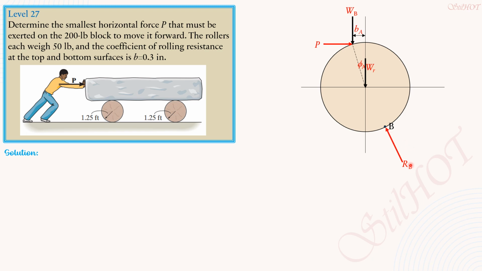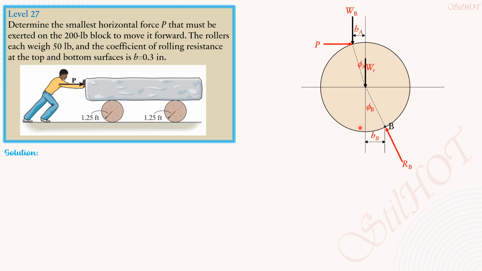R_B. The horizontal distance of that point from this vertical line is b_B, and this angle is φ_B, and this is b_B. Then we set the moment arm of P as accurately as we can. It is P times R of roller cosine of φ_A.